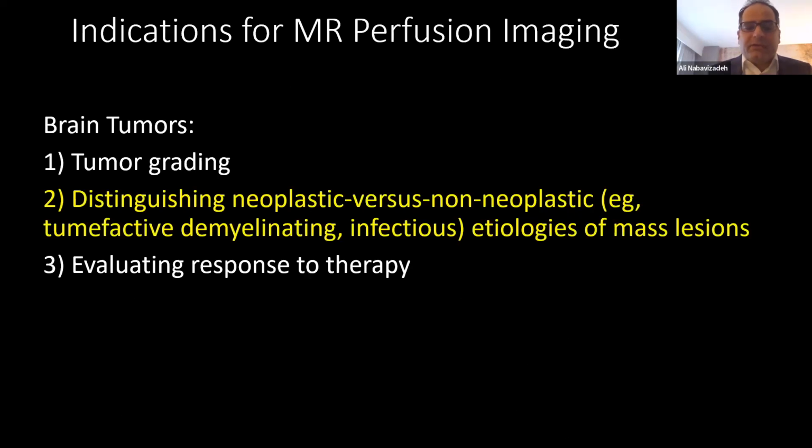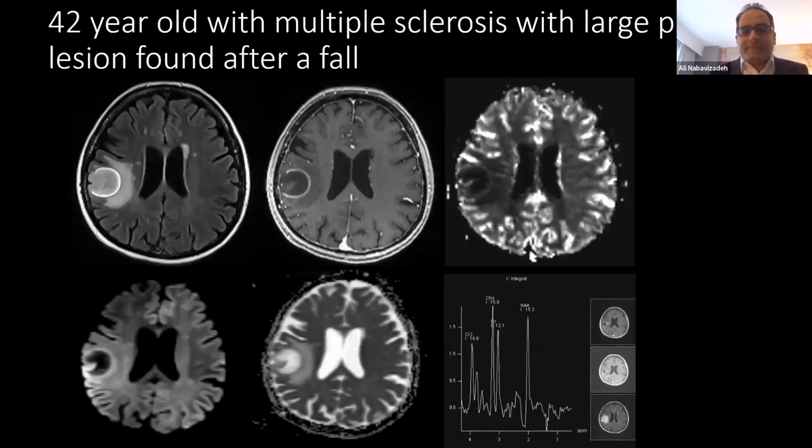One important indication for using perfusion is distinguishing neoplastic versus non-neoplastic etiologies in brain masses. This is a 42-year-old patient with MS that, during routine MS follow-up, came with this MR that showed a large parietal lesion after a fall.